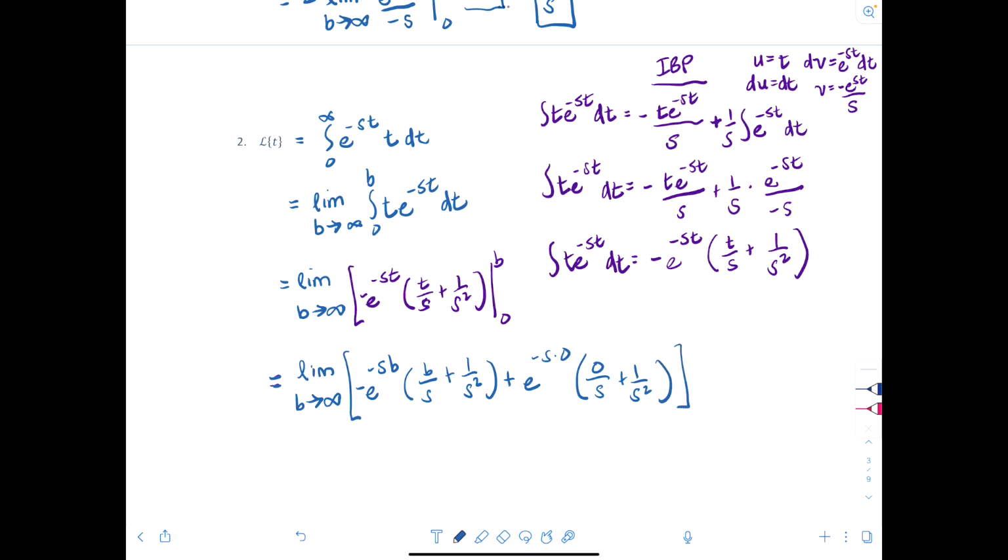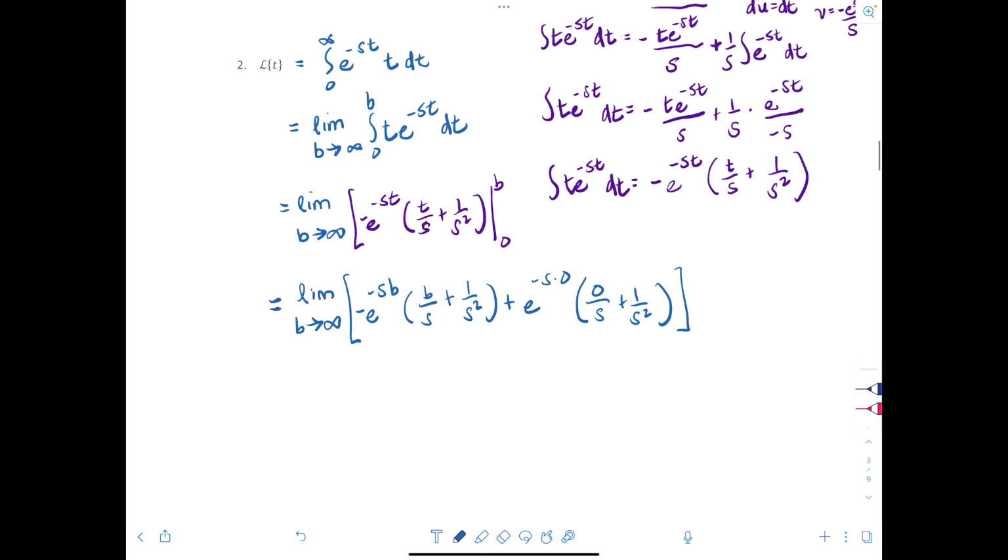All right, and so this will be equal to, so we only need to worry about the limit for that first part, right? So I'm going to rewrite this just a little bit. We'll probably need to use L'Hopital's rule.